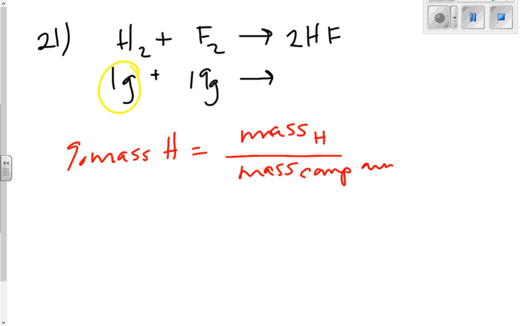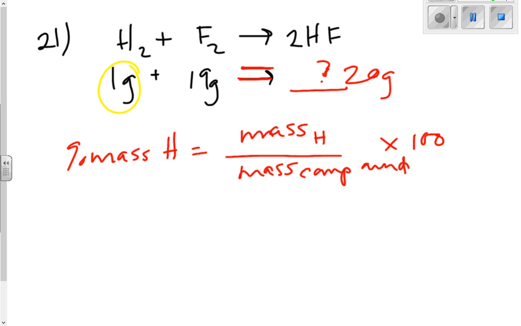Well, what is the mass of the compound? What is this quantity? Well, we have to use our law of conservation of mass to determine what that is. So remember, your reactants have to have the same mass as your products over here. So 1 gram plus 19 grams equals 20 grams.